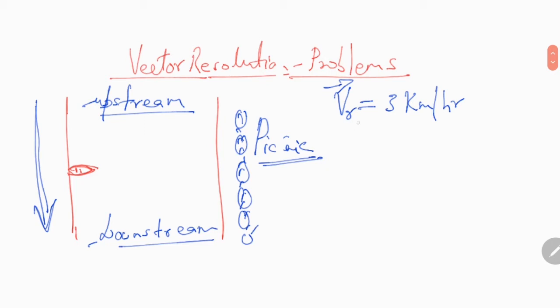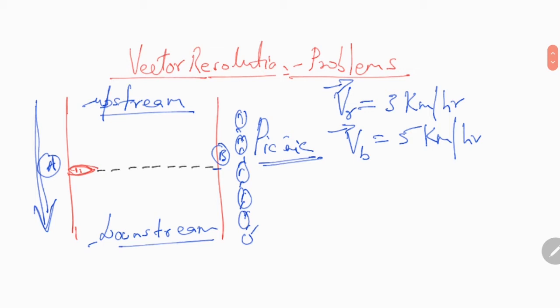You also know that the velocity of your boat, we'll call it VB, is 5 kilometers per hour. This is your starting point A, and you have to get to this point B, which is your landing point for your picnic. So it's basically a straight line like this.